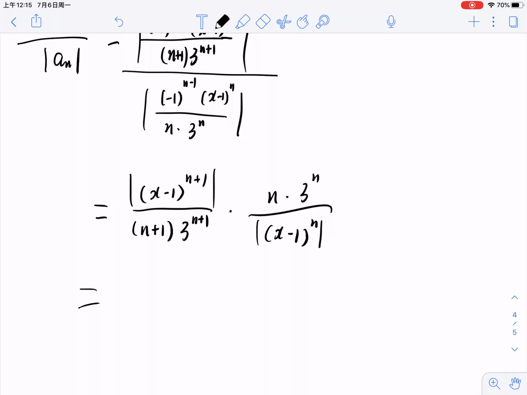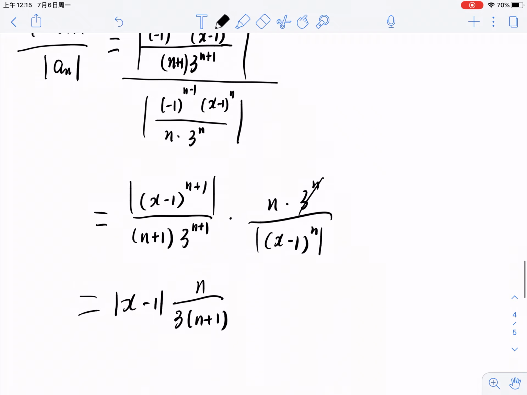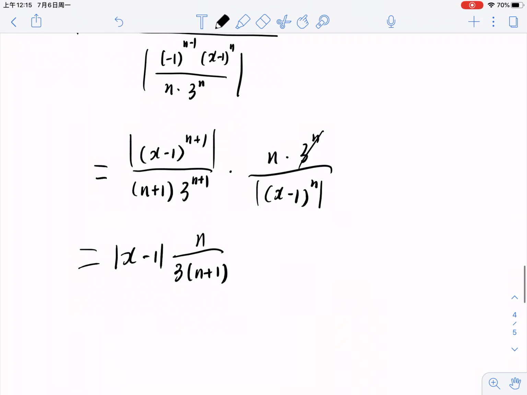To simplify again, we get |x − 1|, then the 3^n cancel, giving n over 3(n + 1). So this is the ratio.